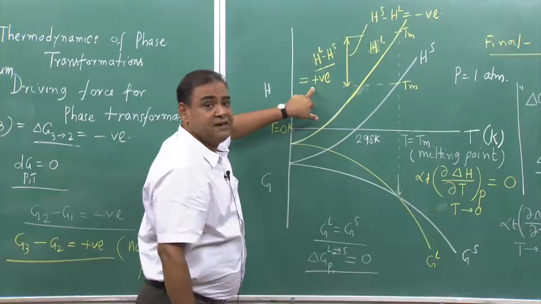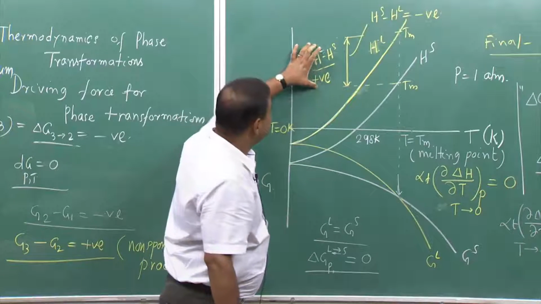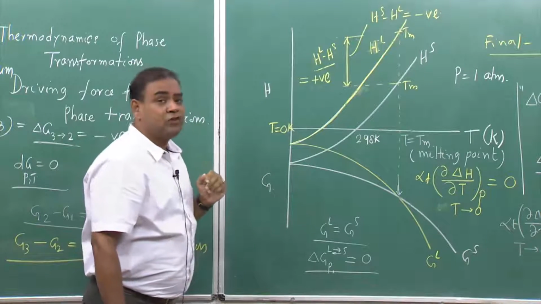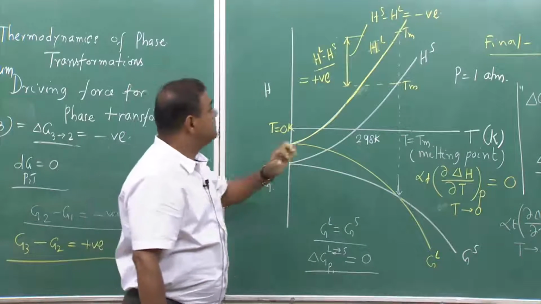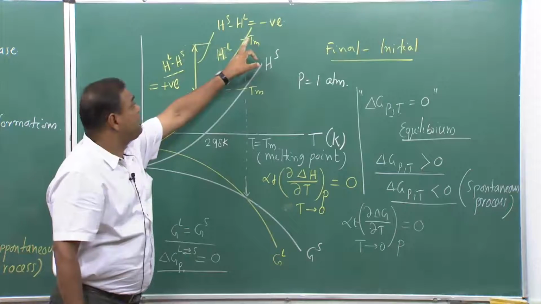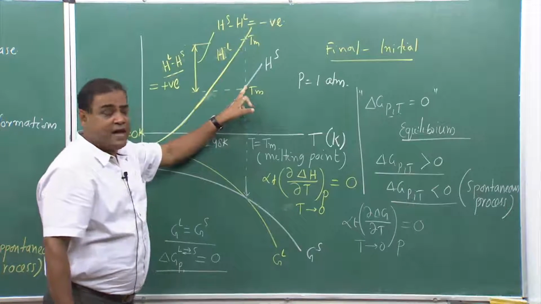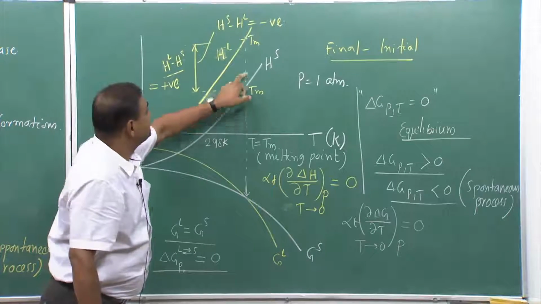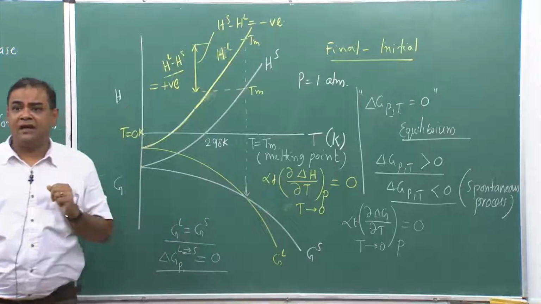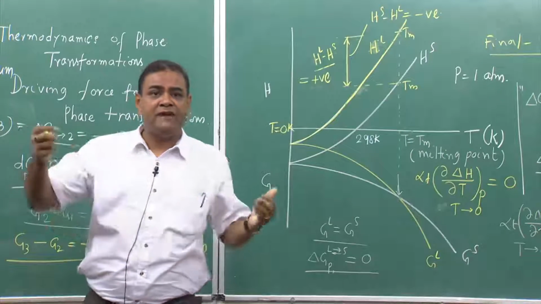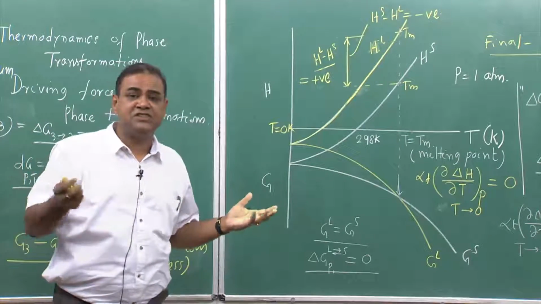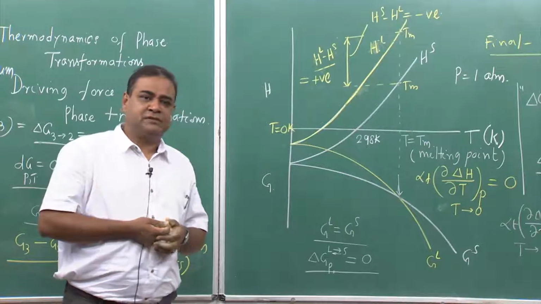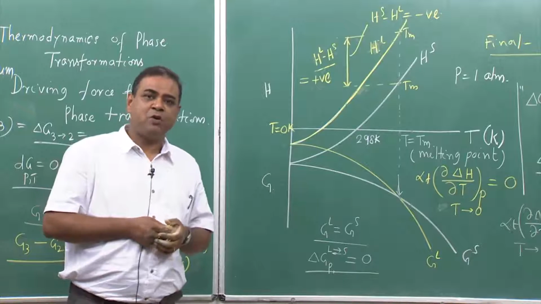And interestingly, I see that there is a huge change in enthalpy. If it is liquid to solid, the enthalpy reduces from this point to this point, and if I see solid to liquid, enthalpy increases from this point to this point, and at that time, even though there is a lot of heat capacity change or enthalpy change, I do not see any change in temperature. And where is this possible?